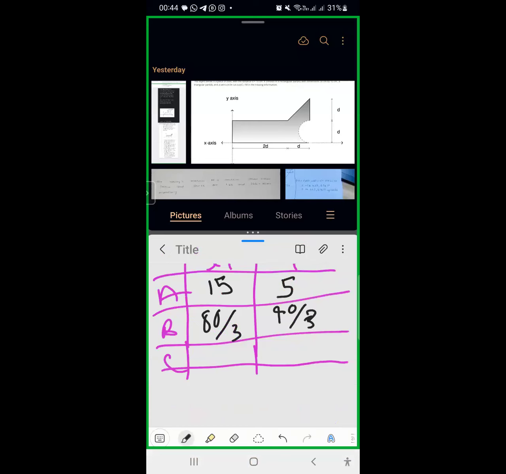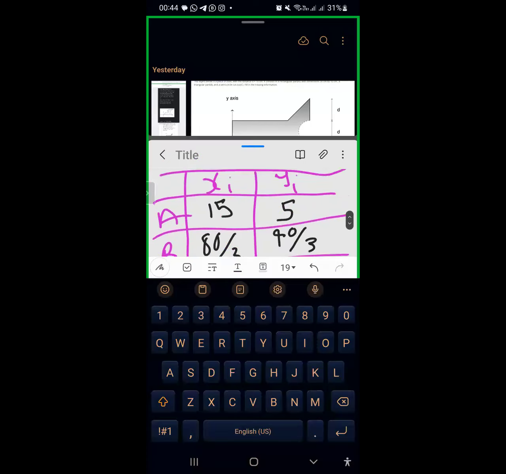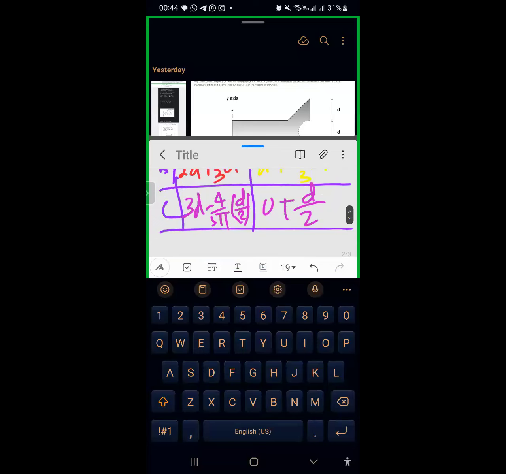And then now let's move on to the last one, which is C. So there is 3 times 10 minus 4 over 3 pi, and then multiply by D, which is 10, and then divided by 2.